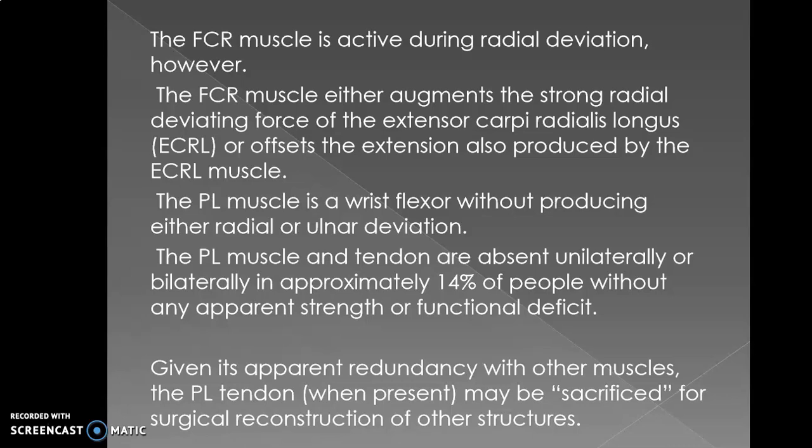Just imagine, in one action for radial deviation, this flexor carpi radialis will act as a team with the ECRL. But in another way, when the ECRL acts as an extensor, the flexor carpi radialis may act as a counteracting force.